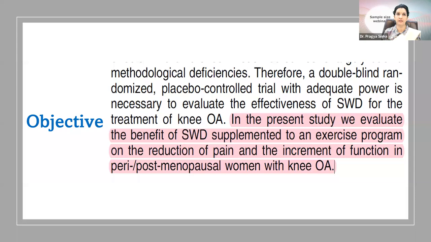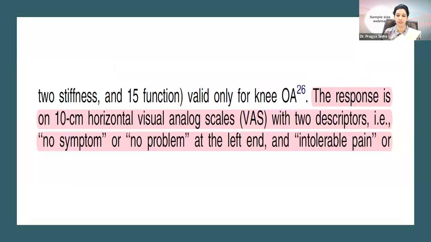In this case, the objective was, in the present study, they evaluated the benefit of short wave diathermy supplemented to an exercise program on the reduction of pain and increment of function in the peri-post-menopausal women with knee osteoarthritis. So now they have taken reduction in the pain, but over that 10 centimeter visual analog scale, they are deciding this no symptom versus no problem or intolerable pain.